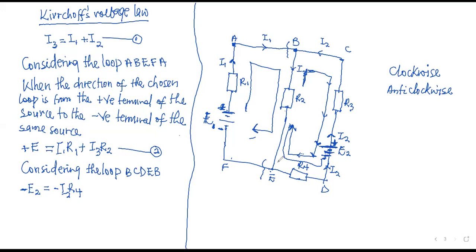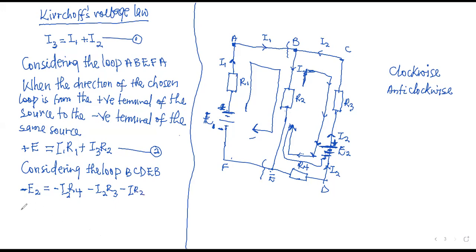It's negative, for the same reason: the direction of current I2 is against the direction of the loop. So minus I2 times R3. Then lastly, the PD across R2, would that be positive or negative? It's negative. Minus I times R2.